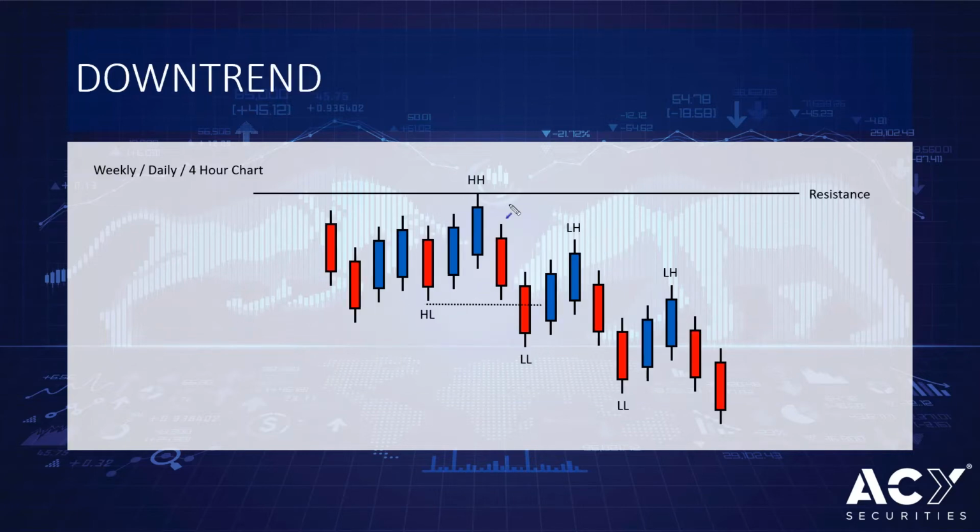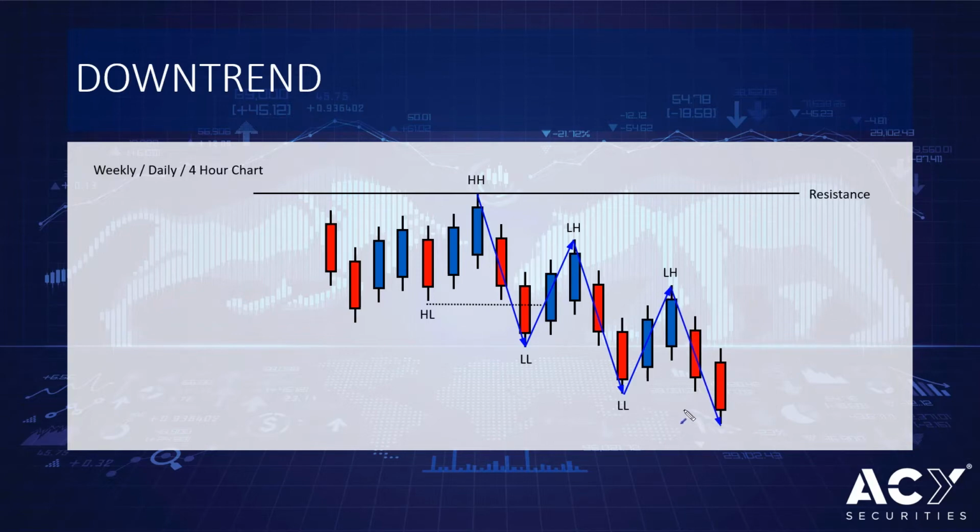And a downtrend is the exact opposite to an uptrend. A downtrend is when price is making lower highs and lower lows. And a downtrend starts when price breaks below the last higher low. So price finds some resistance, moves down, breaks below the last higher low, puts in a lower low, then comes up and rallies, puts in the first lower high, then moves down to put in a further lower low, and then has another rally, puts in a further lower high, and then further moves down and continues the downtrend.